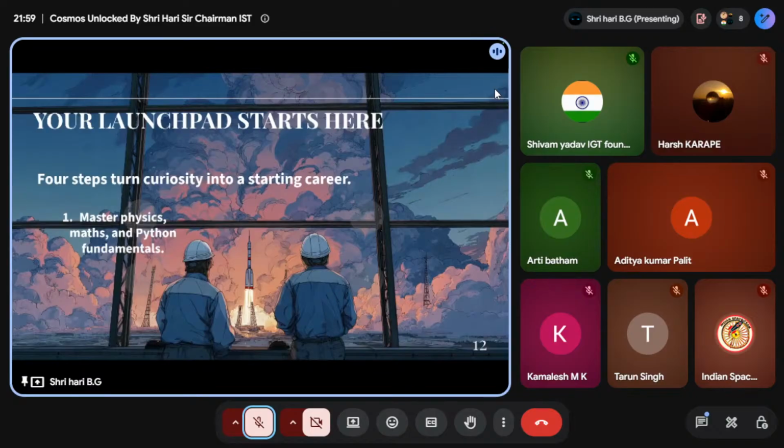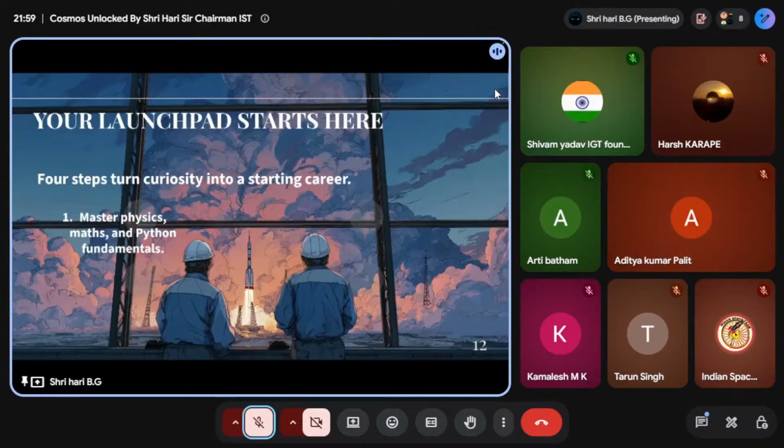And the third one is apply for internships and summer schools. Actively apply for internships at universities, institutes or research centers in which you are interested.